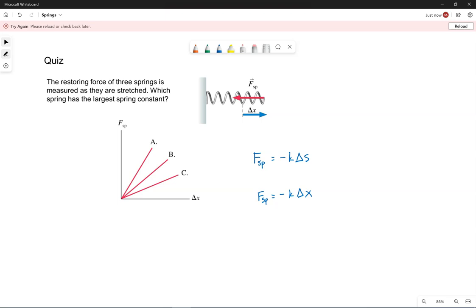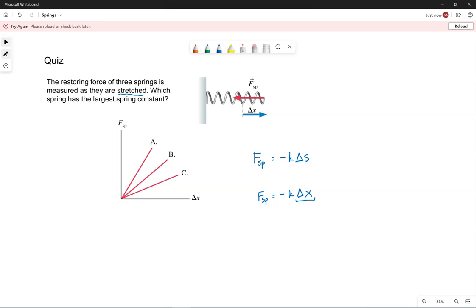But either way, delta X means how far it's stretched or compressed. In this case, the spring is stretched, which is why they are drawing delta X to the right. The force of the spring, of course, will be to the left, because that force always is opposite what has happened.